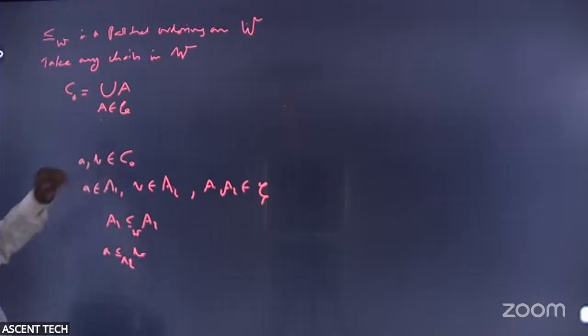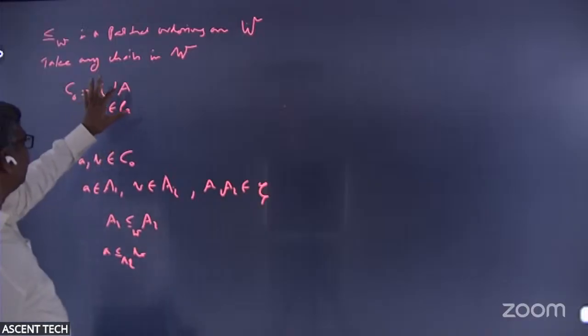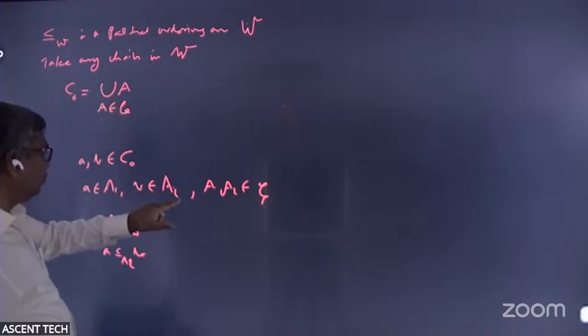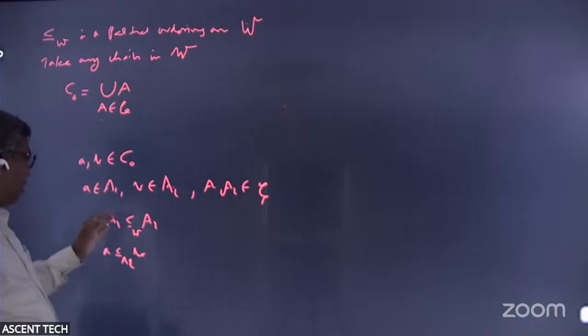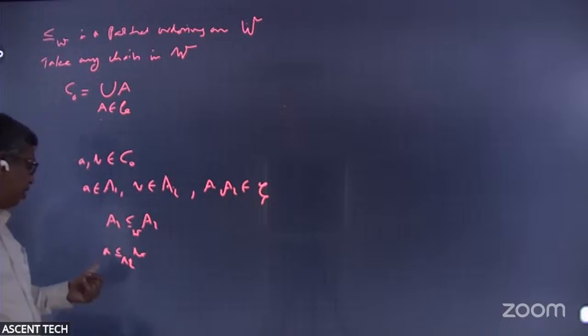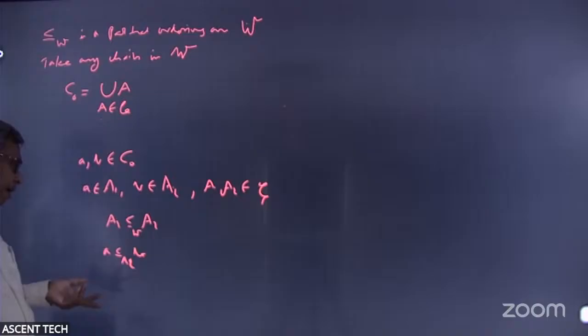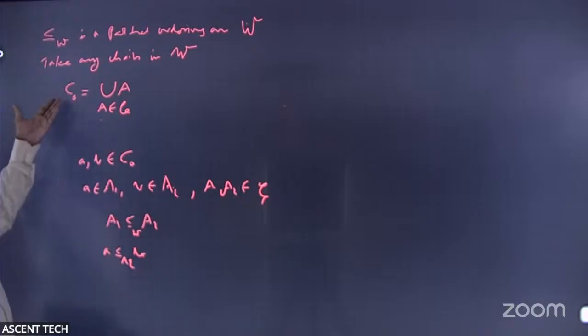So how are any two elements in C0 comparable? We take those two elements in C0. One of them is in A1, the other is in A2, but A1 and A2 are in the chain, that means they are comparable, and therefore one of them is smaller than the other. It may be A2, or it may be A1. If A1 is smaller than A2, both elements are in A2, and A2 has a certain inequality between A and B, and that inequality is what I will utilize for C0. So that way, I can introduce an inequality in C0.